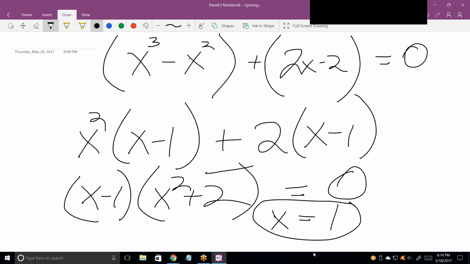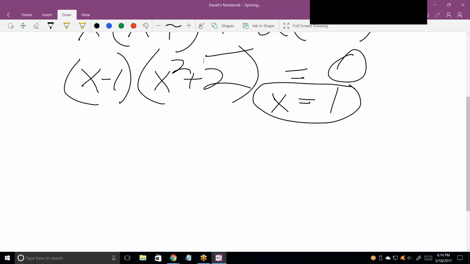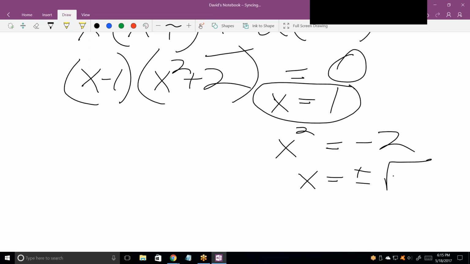If it says solve for x, then you probably want to keep going, and you would say that also means x squared plus 2 equals 0, which means x squared equals minus 2, which means x equals plus or minus the square root of minus 2, which is plus or minus the square root of 2 times i. So there are three solutions. There's one of them, there's the other two.